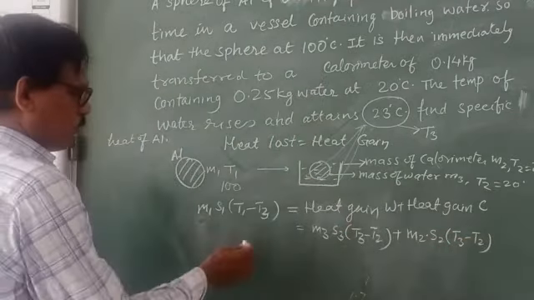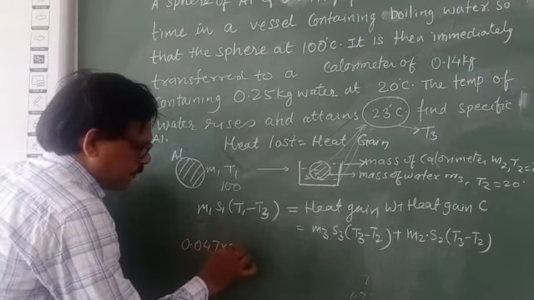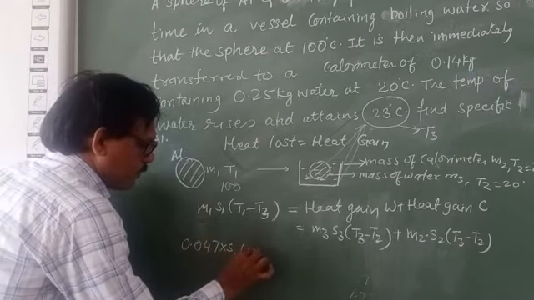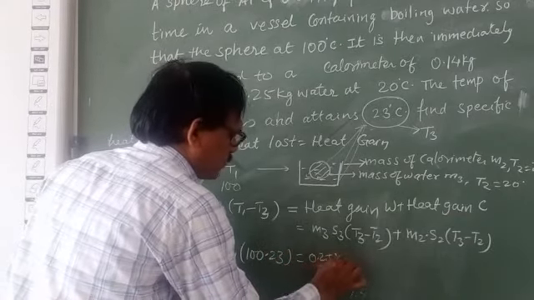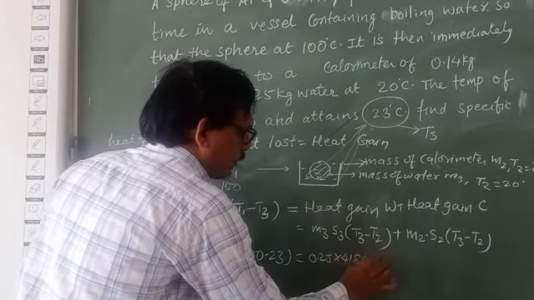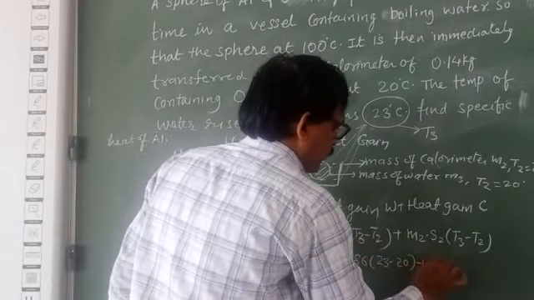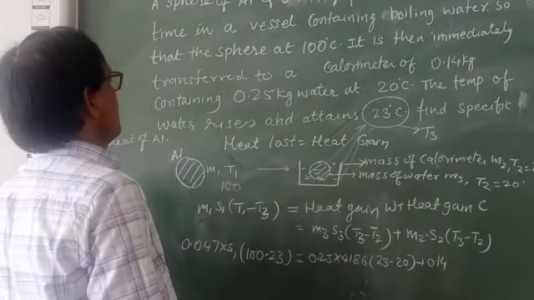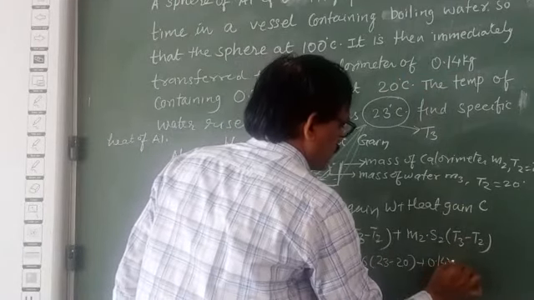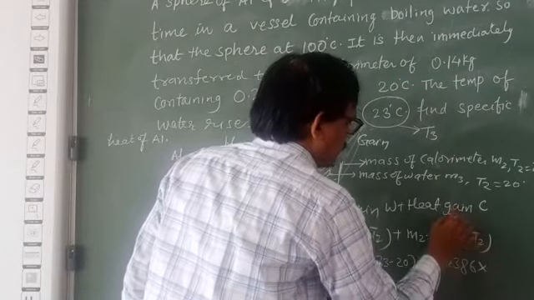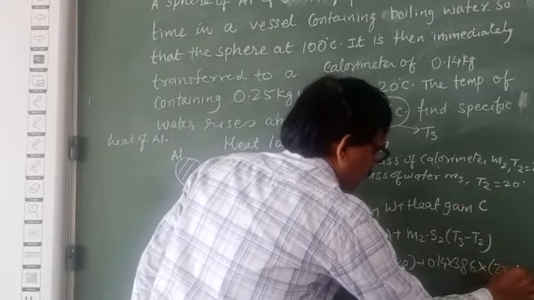So when we solve this, M1 is 0.047, S1 is the specific heat that we have to calculate, times 100 minus 23, equals M3, the mass of water, 0.25, times the specific heat of water 4186, times 23 minus 20, plus the mass of calorimeter 0.14 kg, its specific heat 386, times 23 minus 20.